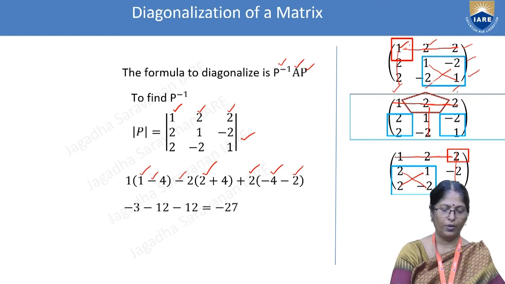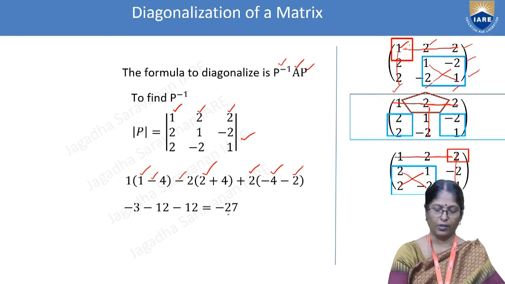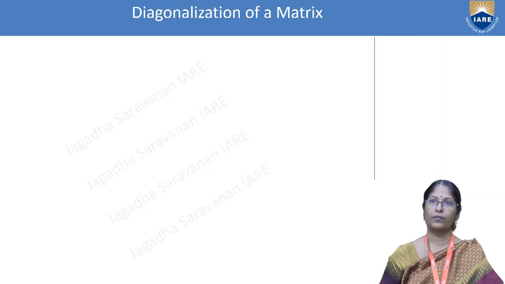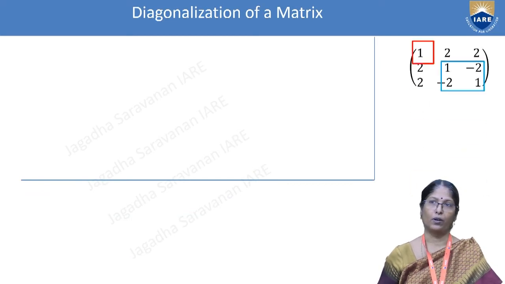So the value is minus 3, minus 12, simplified, and the value we got is minus 27. So the determinant of P we got is minus 27.